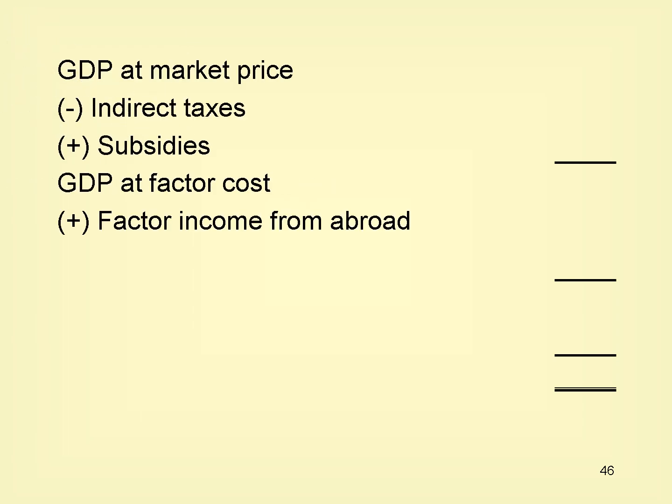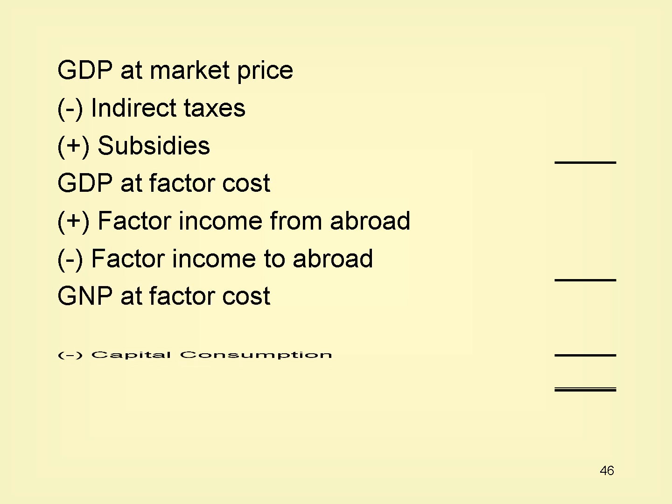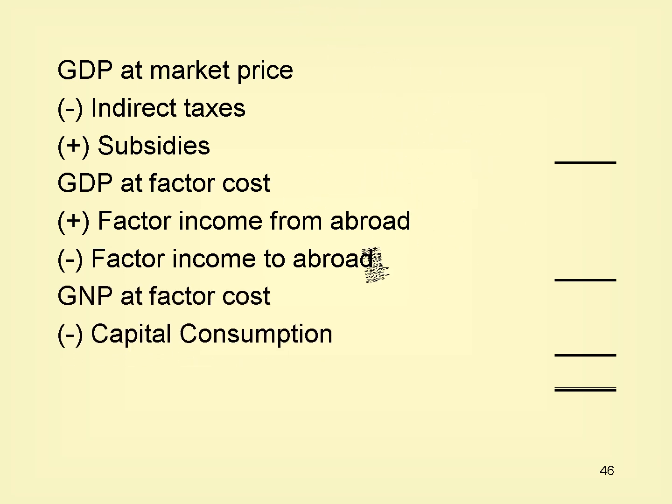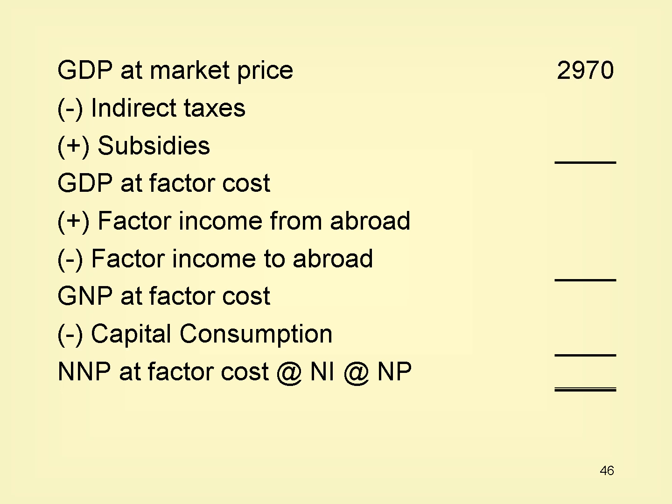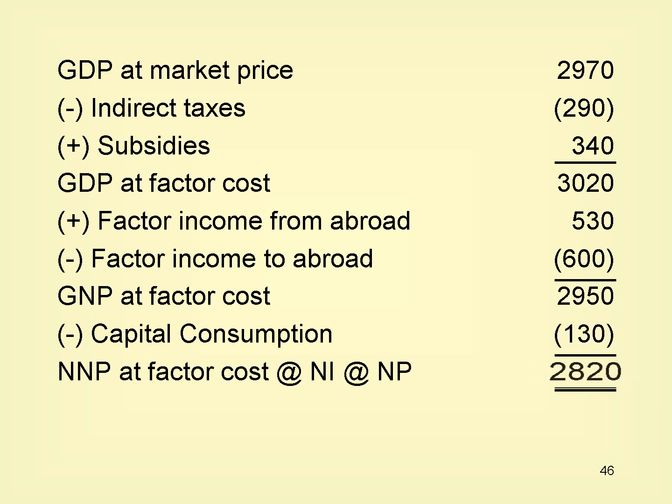Okay, this is an example of how to calculate. The normal situation is when they give you a question, they will give you a value of GDP at market price.